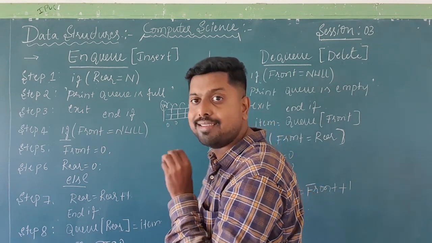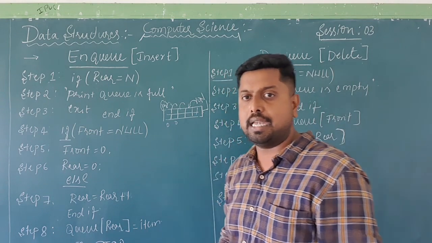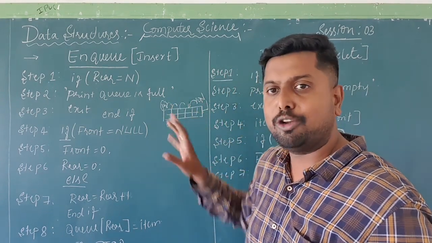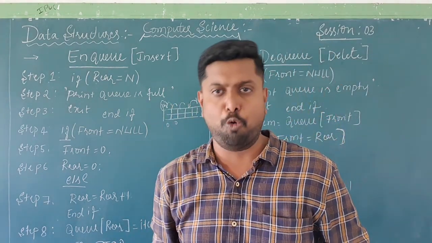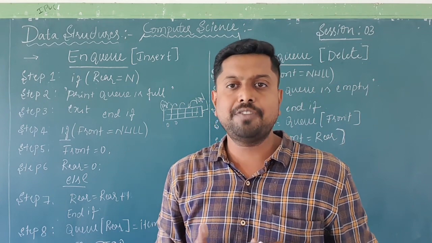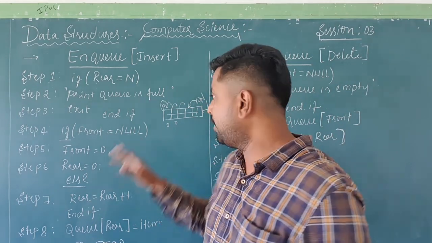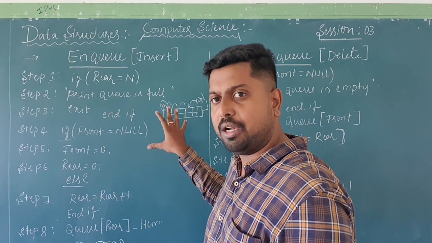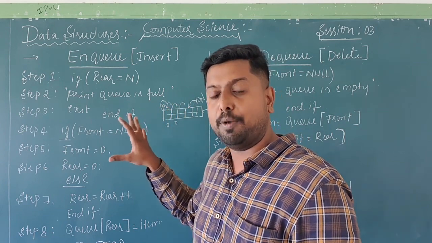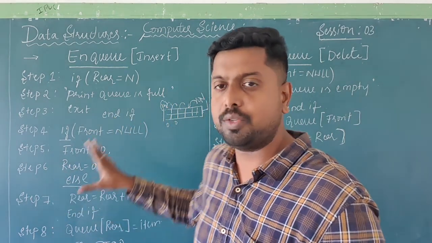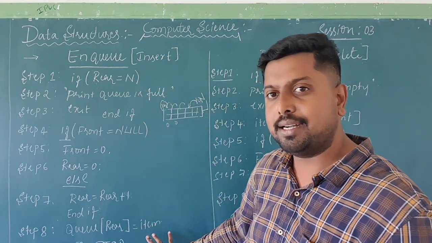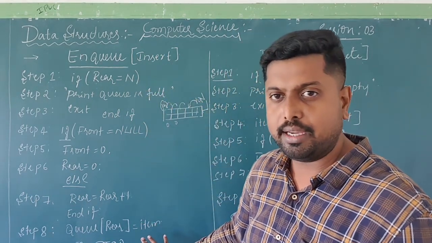Before inserting in this particular queue, the total number of elements is 0. After adding a new element to this queue, the total number of elements is 1. So this is what we call EQ, inserting a new element to the queue.